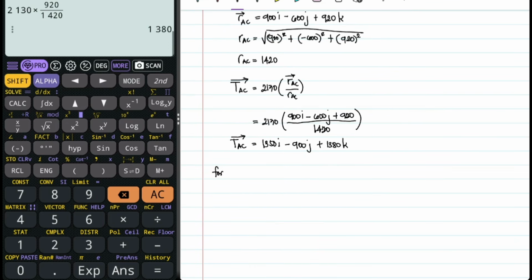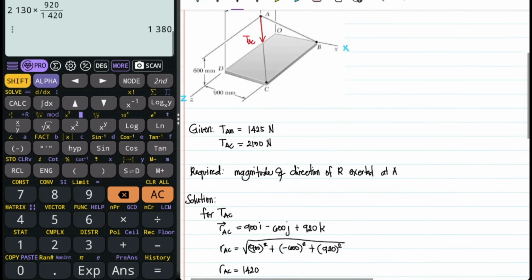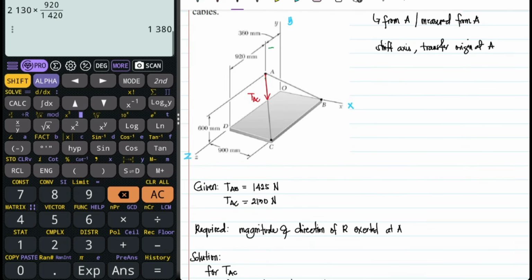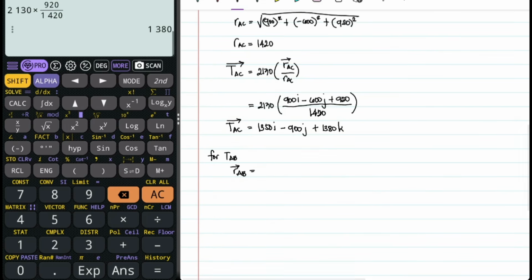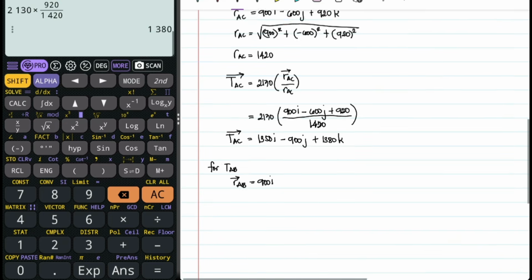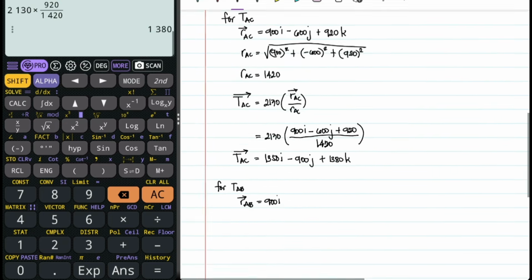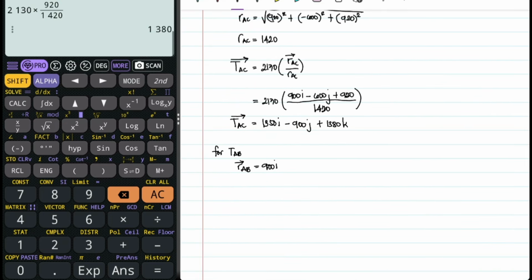Now we move on to our AB. The position vector of AB: the x component will still be 900, obviously, that's the length of CD. So that's 900i. Next, the value for y is still negative 600j.